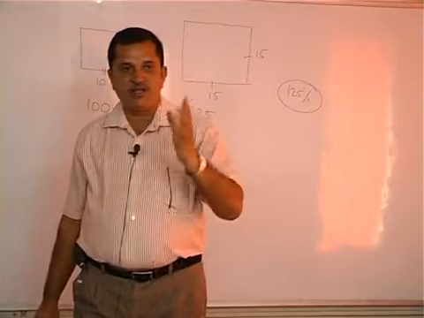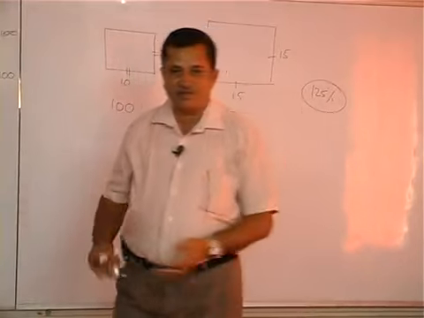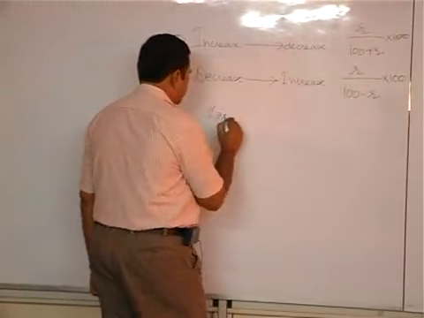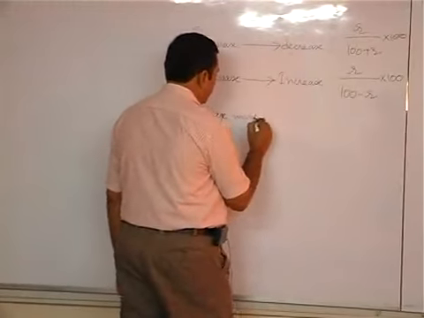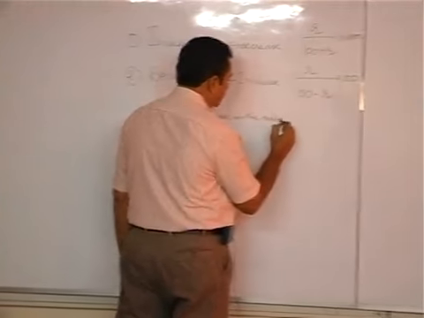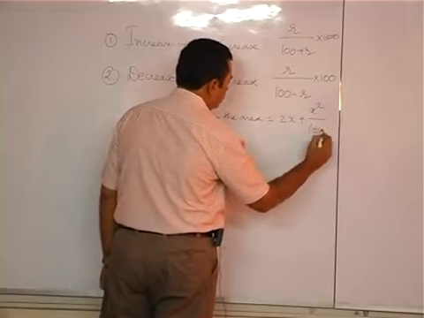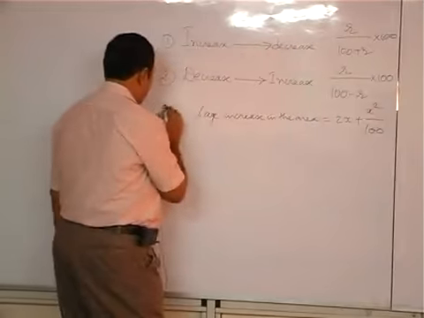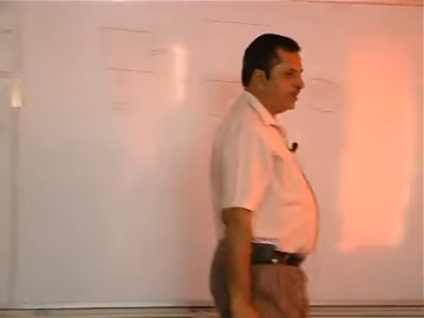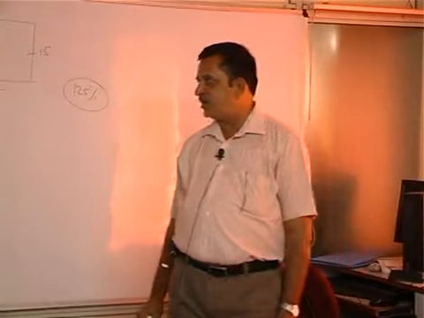Whatever may be the diagram, whatever may be the data that is given in the problem, percentage increase in the area is equal to 2x plus x square by 100. Percentage increase in the area is 2x plus x square by 100.